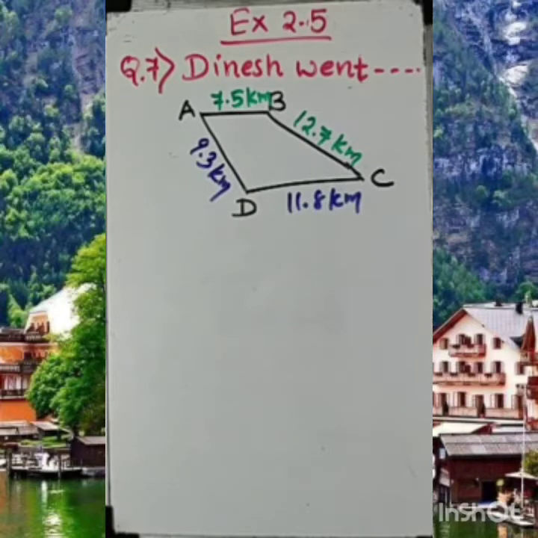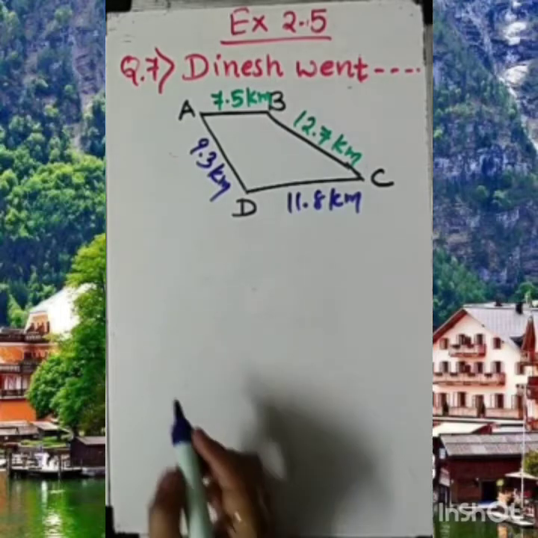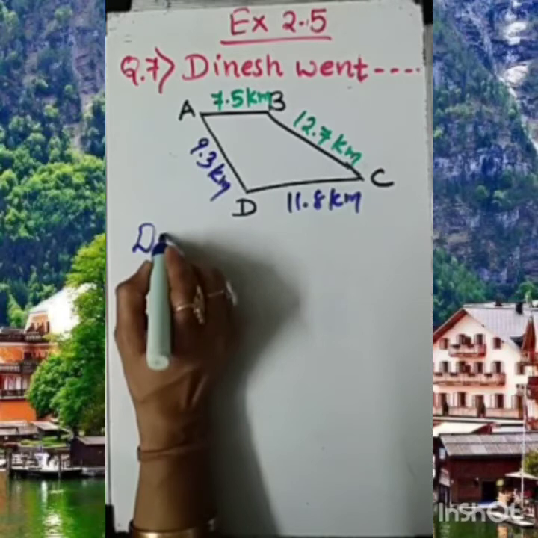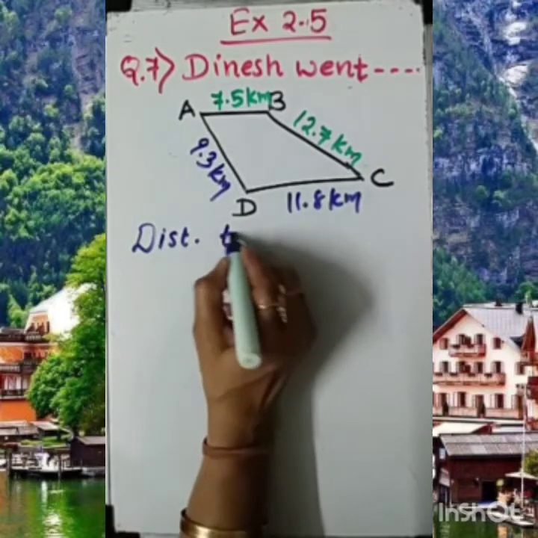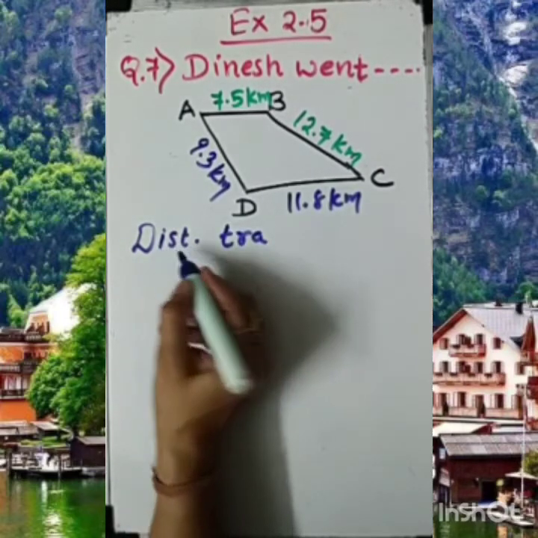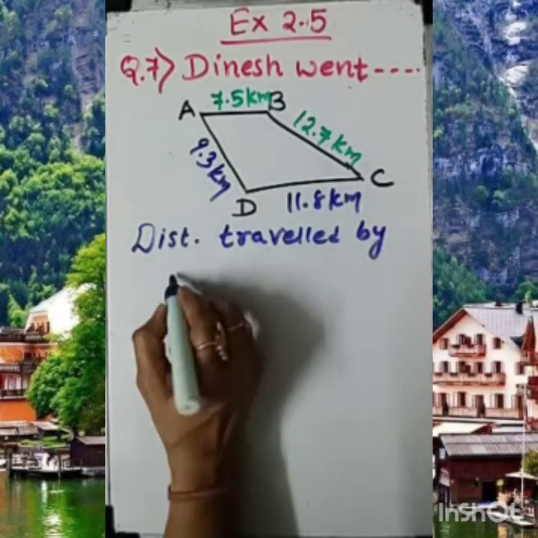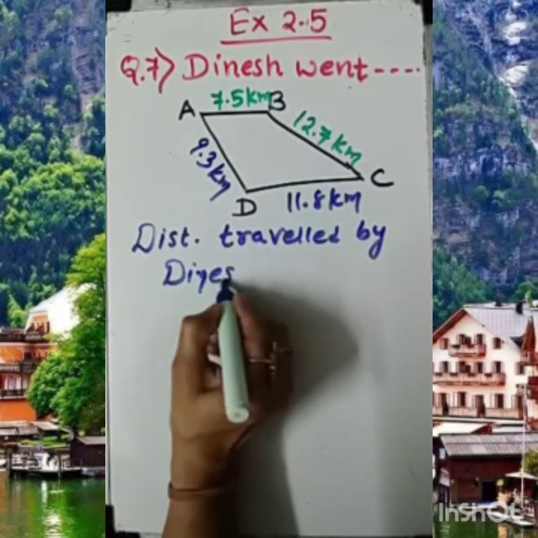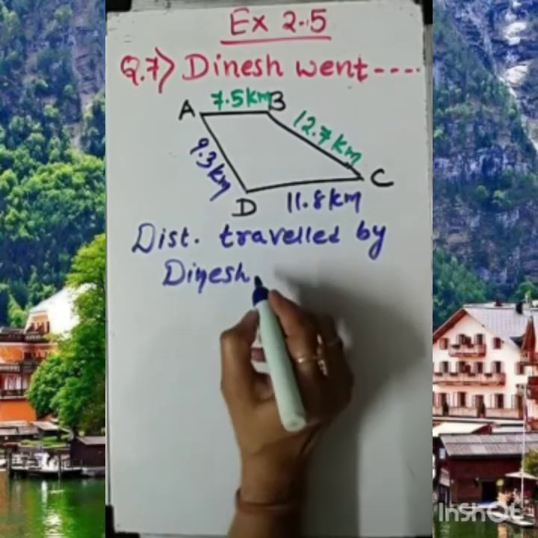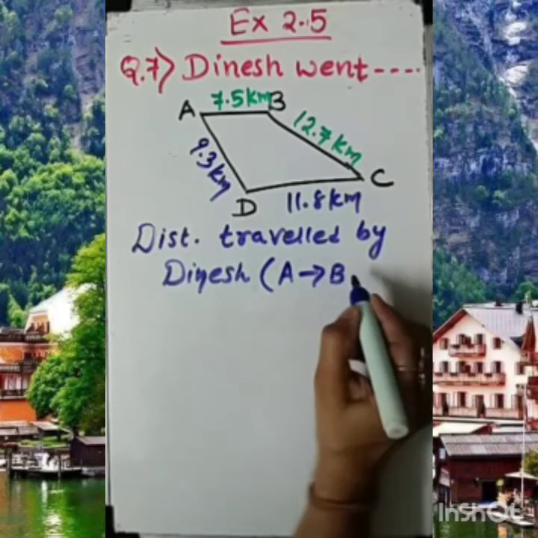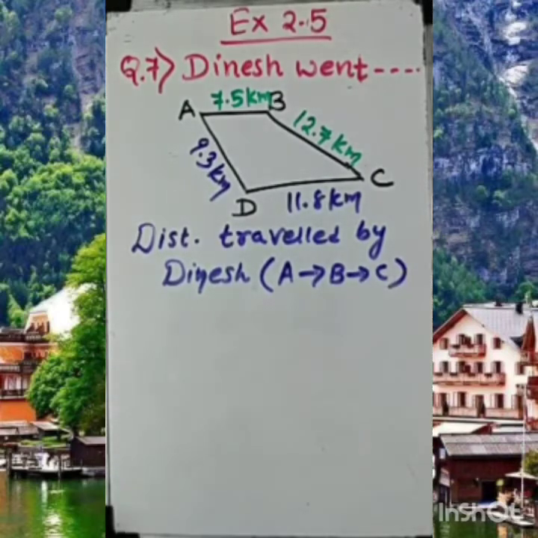Let's calculate. The names of the two persons are Dinesh and Ayub. First we will decide the path of Dinesh. Distance traveled by Dinesh means he moved from A to B and then B to C. This is his pathway.